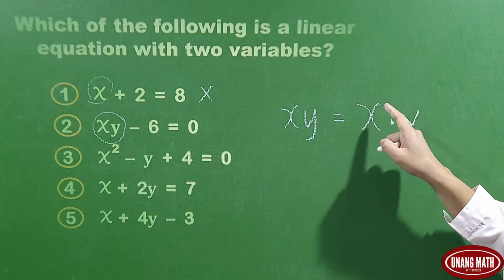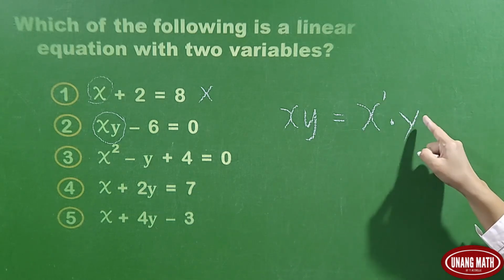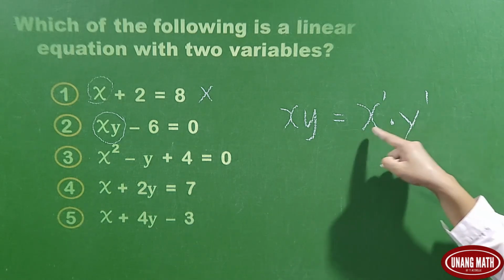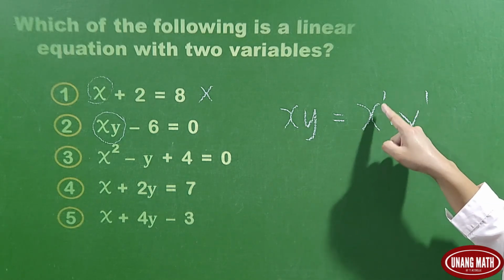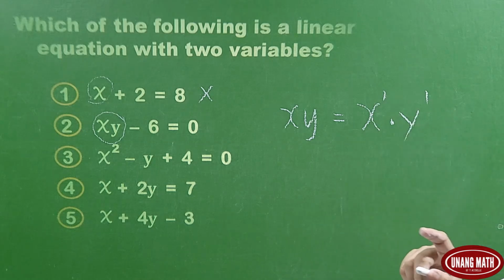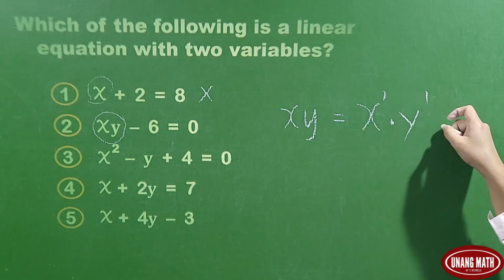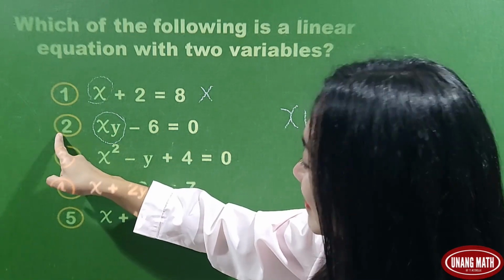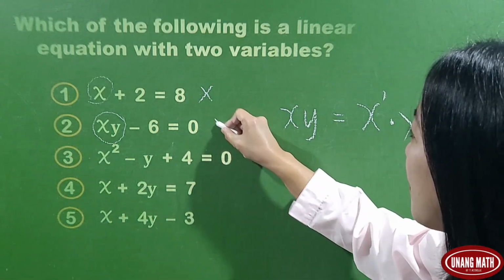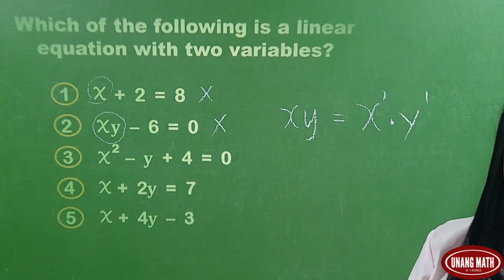The exponent of x is 1, and the exponent of y is 1. But this is multiplication, and the rule is we add the exponents, so it becomes raised to the power of 2. So this equation is also not the answer we're looking for.